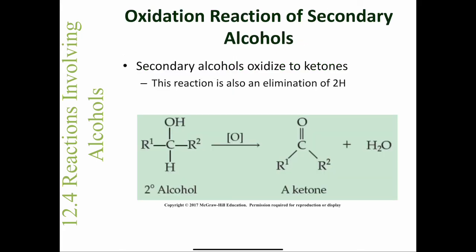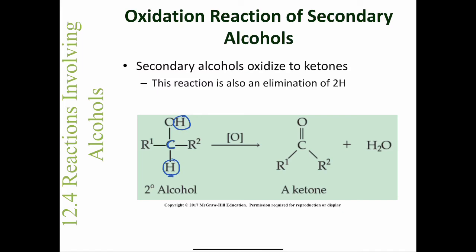Secondary alcohols are oxidized to produce ketones. This reaction also involves the elimination or the loss of 2 hydrogen atoms. So you can see that we end up losing this hydrogen atom and this hydrogen atom. Remember what I said, that the carbonyl carbon has to have at least 1 hydrogen attached in order for oxidation of an alcohol to occur.